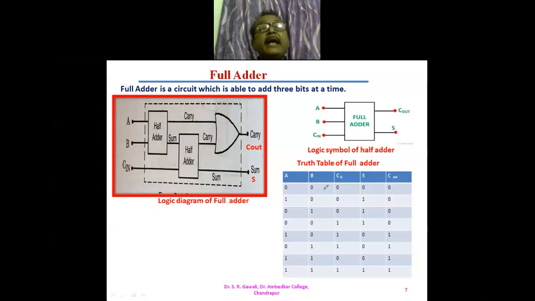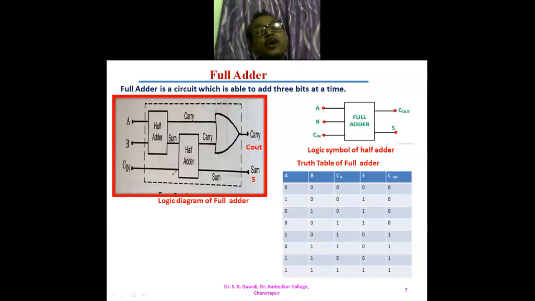Now here, in case of the full adder, there are 2 half adders. So this is one half adder and this is another half adder. The first half adder produces the carry and sum, and the sum of this first half adder is given to the input of the second half adder, and another input to this half adder is the CIN.